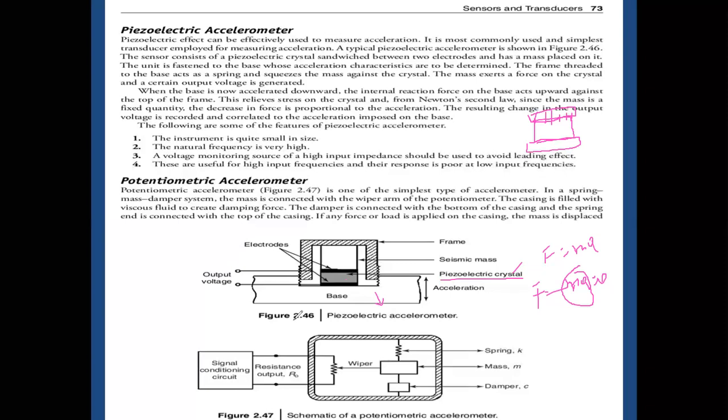Within the casing, we have a mass, which is supported by either a damper or a spring. Like this one, which is the damper, and this is the spring. By these two elements, the mass is balanced.